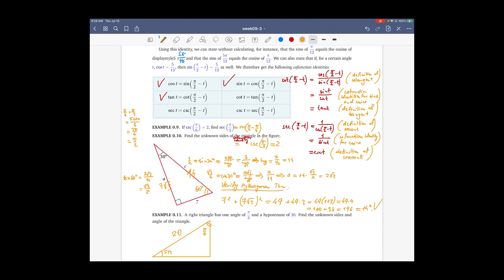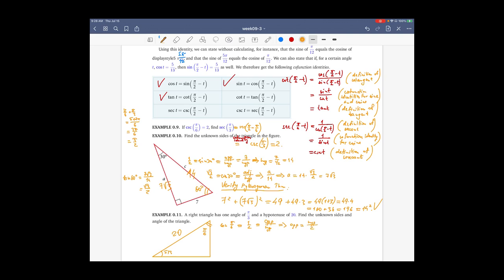Why is that? Well, if you write the definition of sine for pi over 6, on the one hand we know it's 1 over 2, on the other hand it's opposite leg over hypotenuse. So from here, opposite leg is simply hypotenuse over 2.